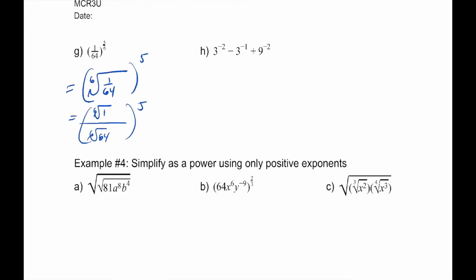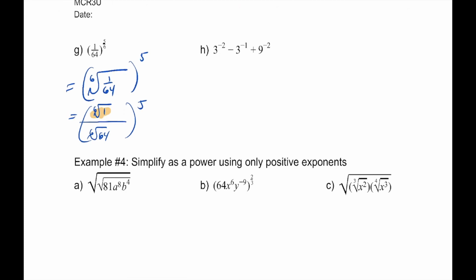But we're not actually going to do the 6th root of 1. We know that's always going to be 1. I just want to show that the power law still applies in this case, because really we can think of it as 1 over 64 to the power of 1 over 6. So what's 1 to the power of 1 over 6? Well, 1 to the power of anything is going to be 1. So this still applies. The 6th root of 64 is 2. So I'm going to finish this over here. It's going to be 1 over 2 to the power of 5, which is 1 over 32.